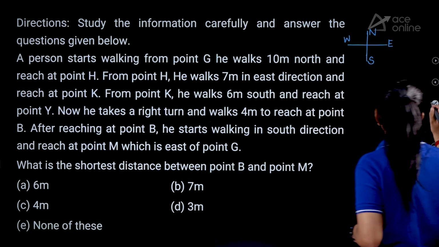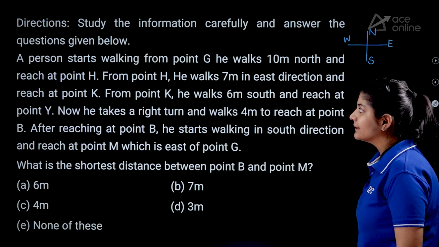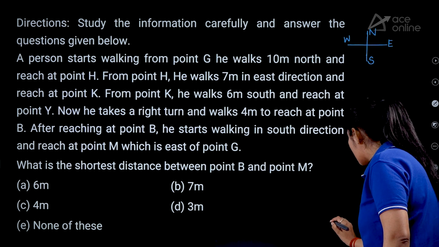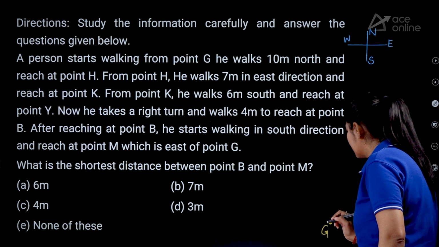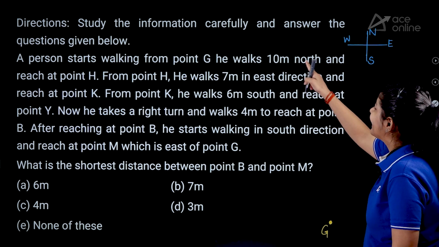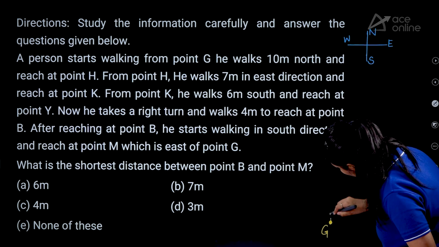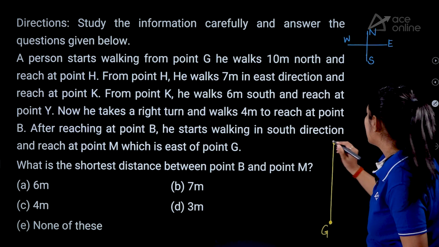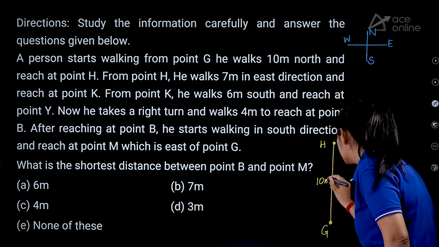So my question says that a person starts walking from point G. So let's suppose this is my point G. Now this person starts walking 10 meters north. North is an upwards direction. So let's suppose he will reach at this point, and this point is H. Okay, and this distance is 10 meters, right?